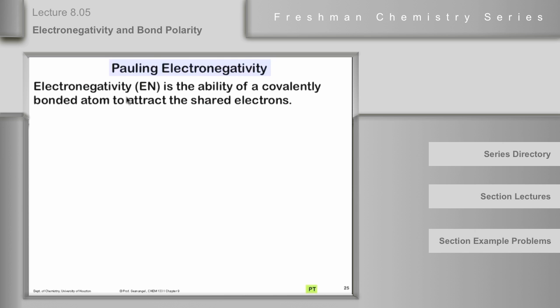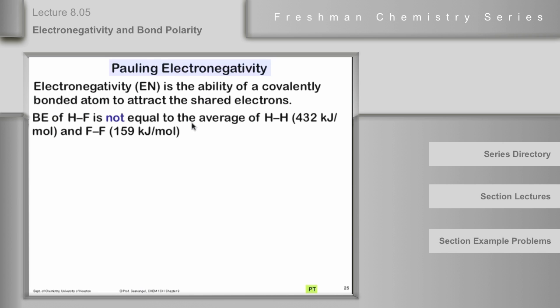And electronegativity, as Pauling coined the term, I abbreviate as EN, is the ability of a covalently bonded atom to attract the shared electrons. In other words, to force them to spend more time in the vicinity of that atom, which has a high electronegativity, than maybe the other atom, which doesn't.